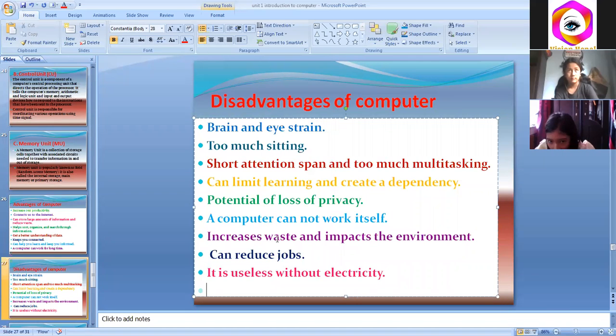That means brain and eye strain. If we spend long time with mobile or computer, or any other electronic devices like television, then it reduces the capacity or capability of our mind and eyes. Okay, and too much sitting.